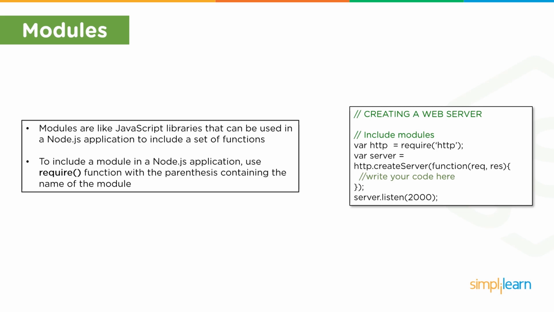But if you need to require a module that's outside of the defaults, then you can install it from npm, which we did in the previous slide, such as Express.